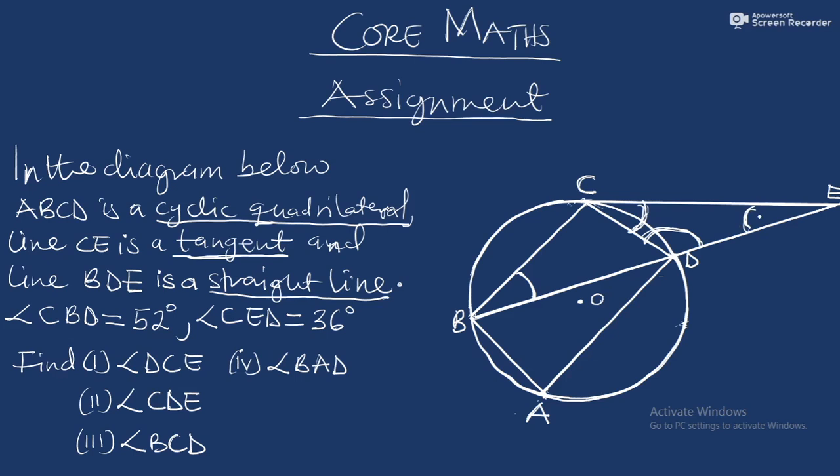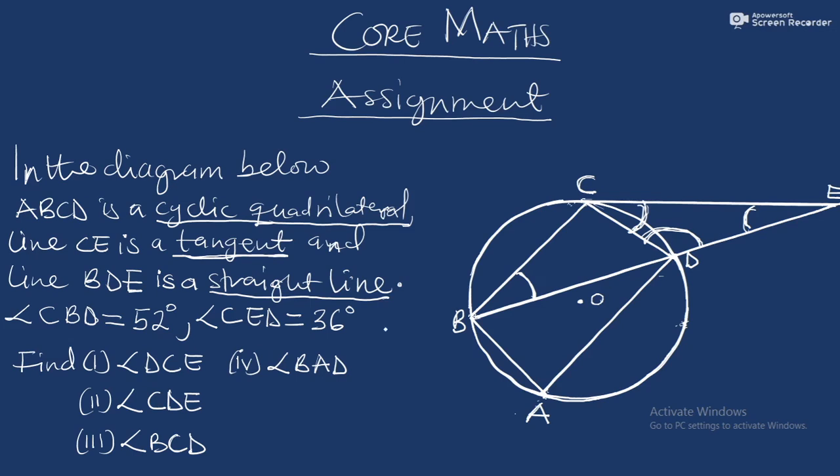We're given angle CED to be 36 degrees. That is this one. And we are to find this. So this plus this will give us 180 degrees. And when we simplify, we'll be able to get angle CDE. I hope you are okay with that one also.